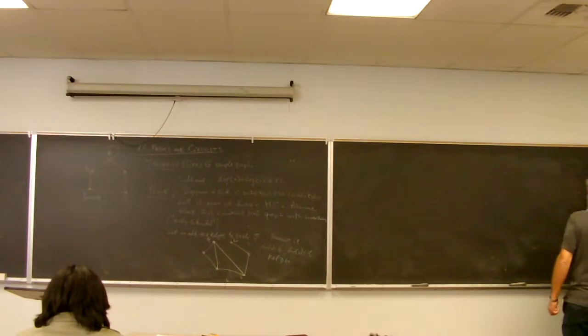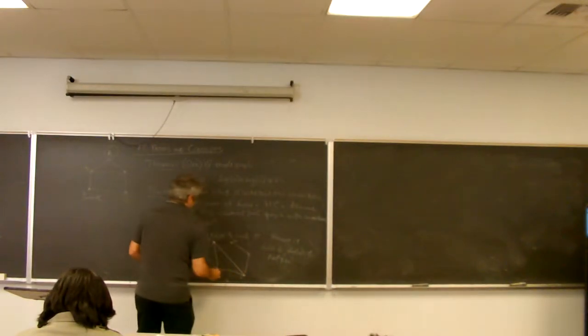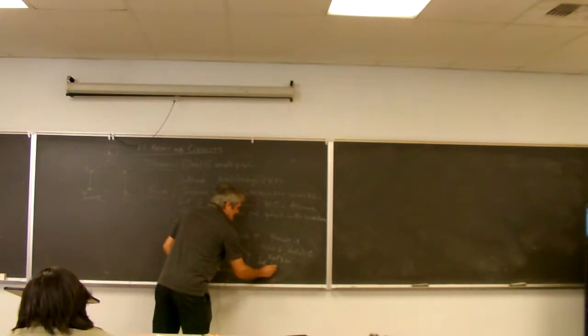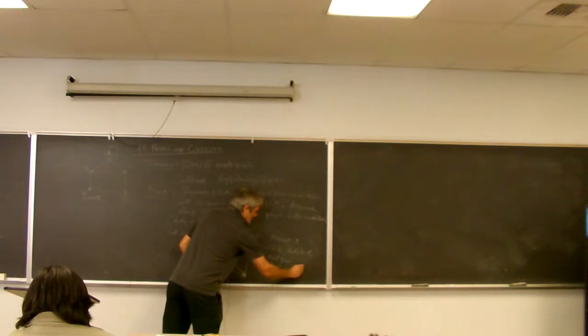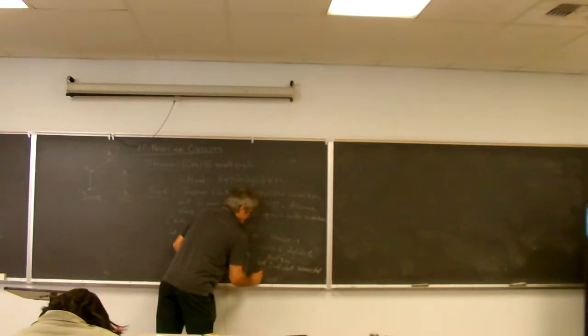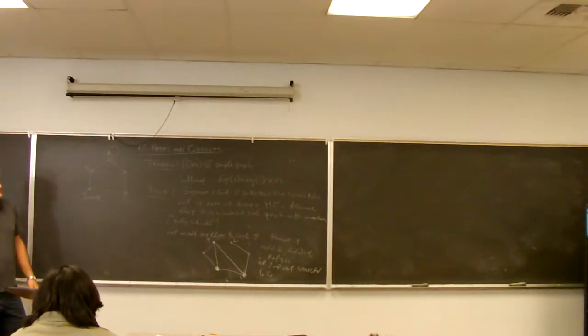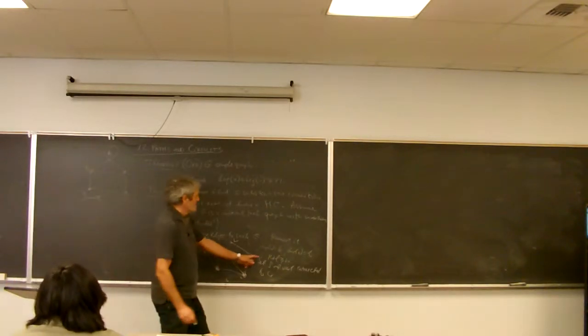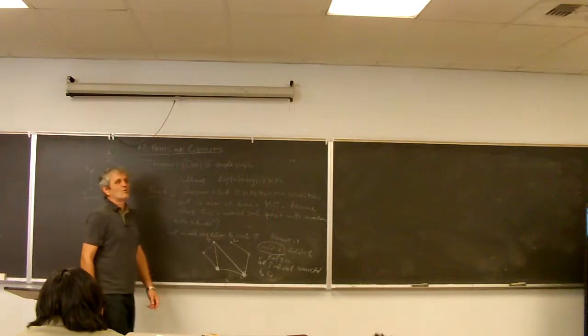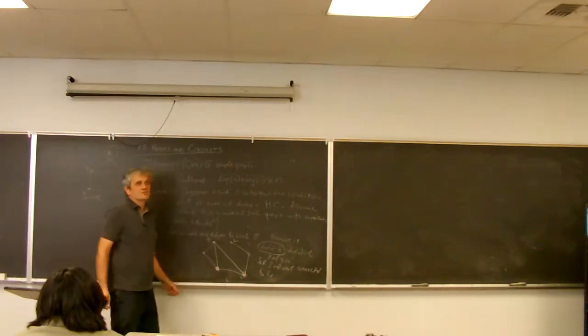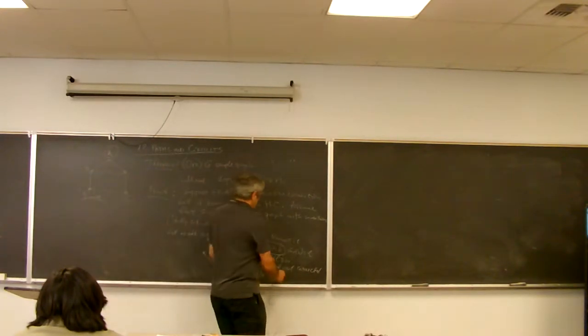Let's call that set S, the set of vertices connected to U. How many of them are there? How many vertices are connected to U? What is the degree of U? K. So there are K vertices connected. So S has K vertices.